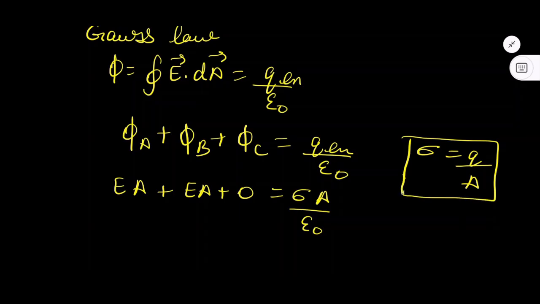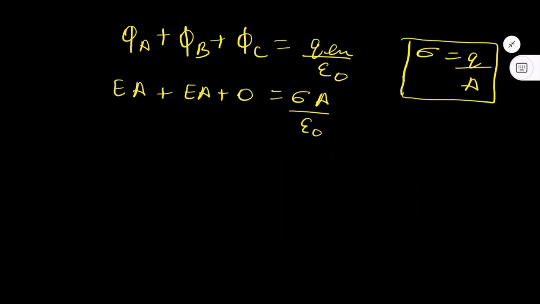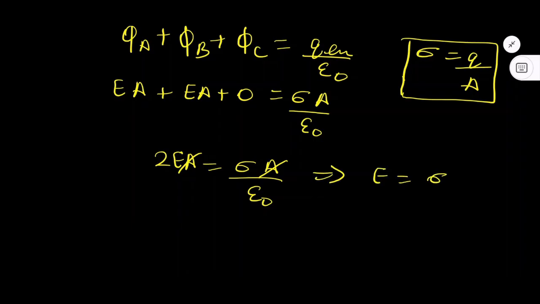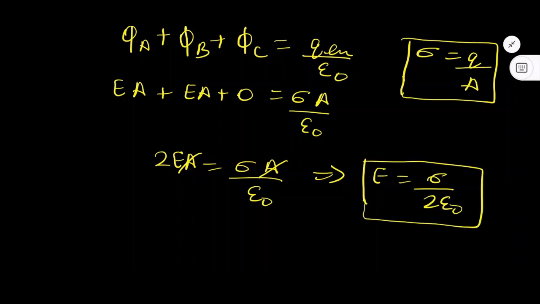So we can write 2EA is equal to sigma A upon epsilon naught. Now this A cancels and we get the electric field expression to be sigma upon 2 epsilon naught. So this is our result, which is independent of the distance.